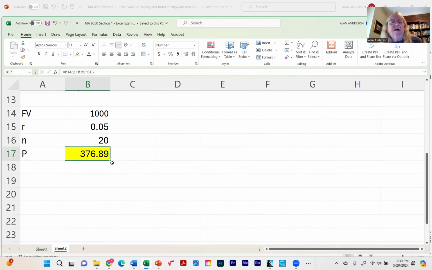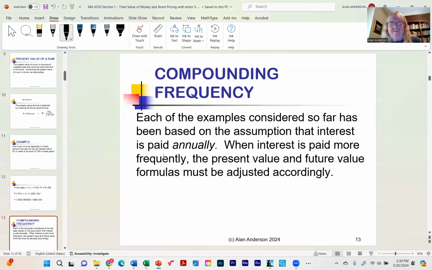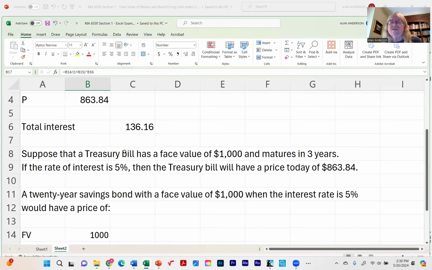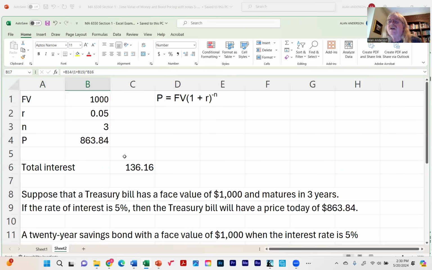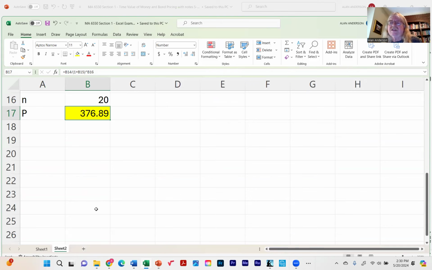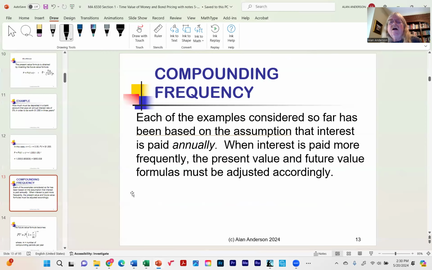Okay. All right. Now, what about compounding frequency? Now, up to this point, we've been making an extremely strong assumption that interest is credited to our account once a year, and that's it. That is not a very realistic assumption. If interest is paid more frequently, then we have to take that into account with our pricing models.